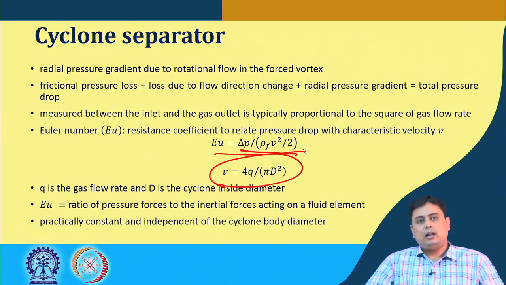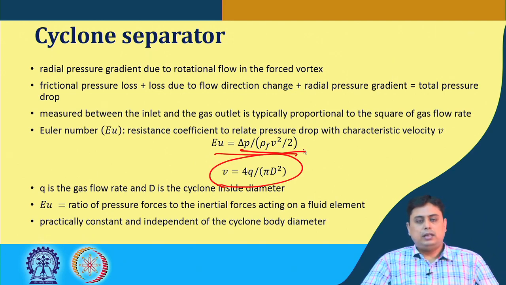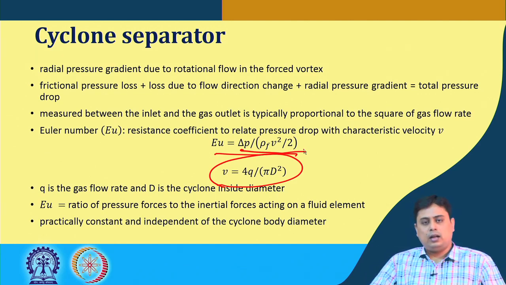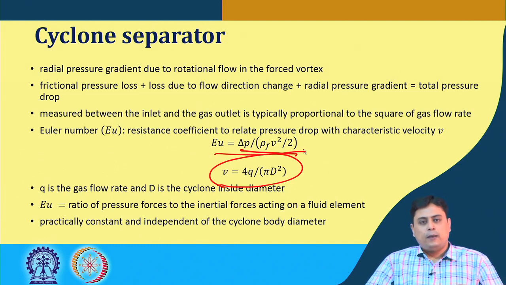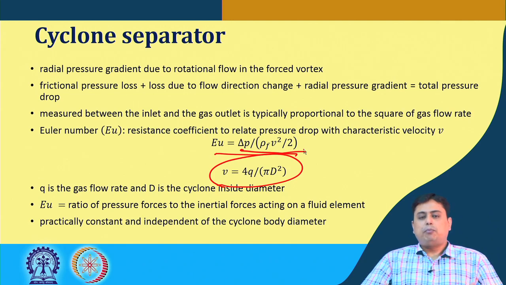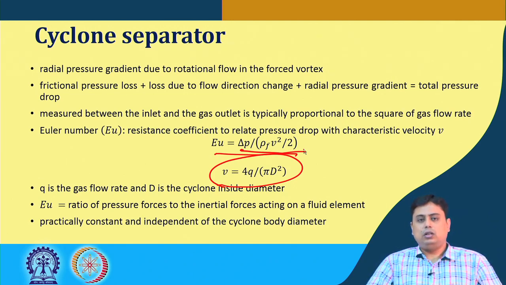That means for that family of cyclone separators, those lengths that I mentioned, the conical section length, the cylindrical section length, the position of the gas inlet from the top, have a proportion with respect to the vessel diameter or the cylindrical section diameter.